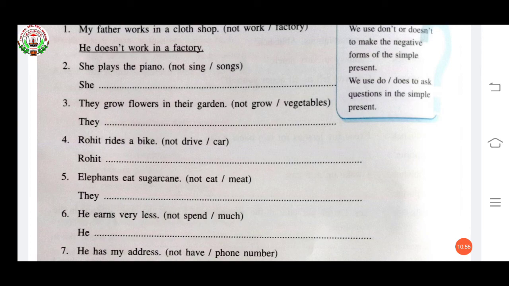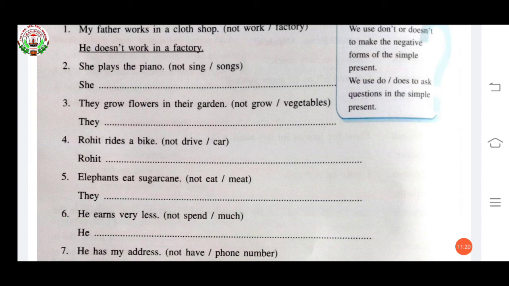Now see the fourth one. Rohit rides a bike. Not drive car. Now Rohit is what? Rohit is singular. So what will come? Doesn't will come. Because it is a negative sentence, so doesn't will come. Okay. Rohit doesn't drive a car.